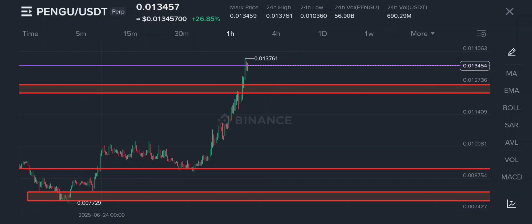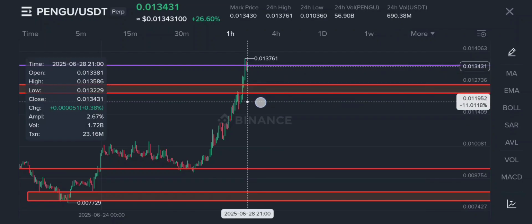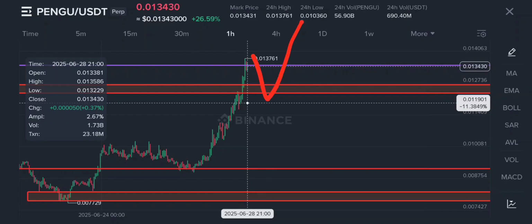I'm not expecting the price to come all the way here. I am expecting this price to come here or slightly to this point, then go up. That is what I am expecting. So you can go ahead and take this trade.